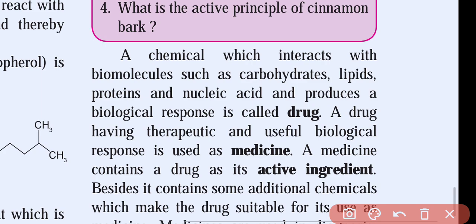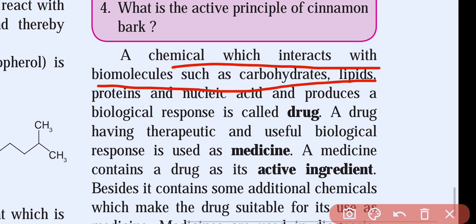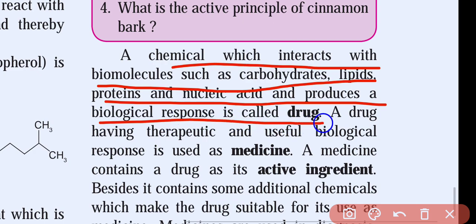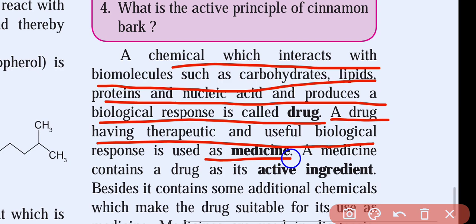Now see, what is meant by drugs? A chemical which interacts with biomolecules such as carbohydrates, lipids, proteins, nucleic acids and produces a biological response is called a drug. A drug having a therapeutic and useful biological response is used as what?